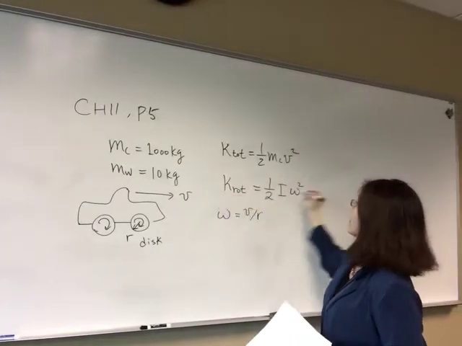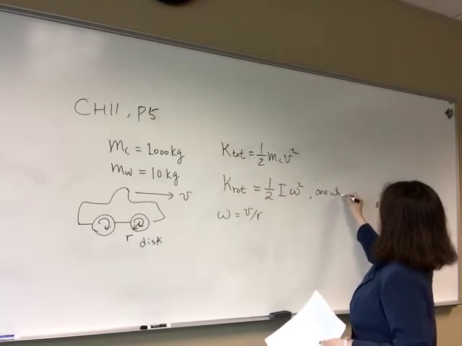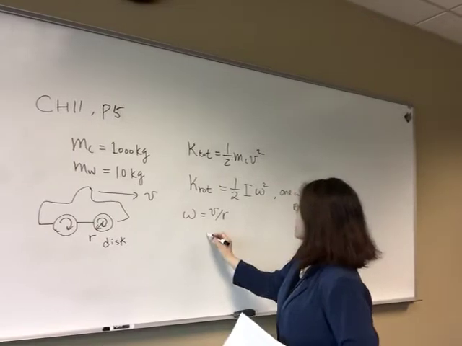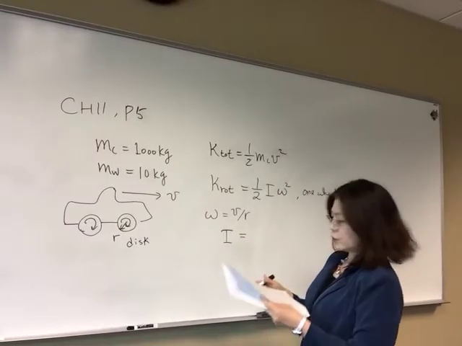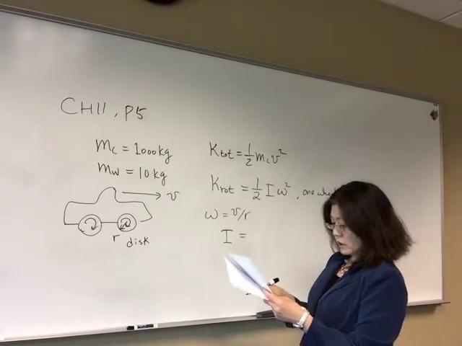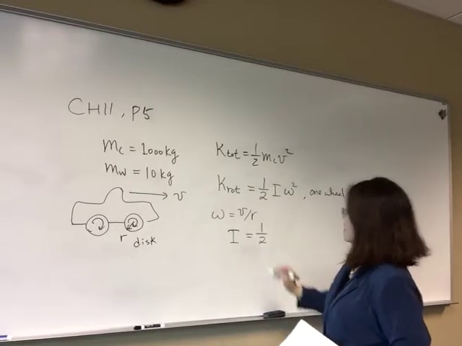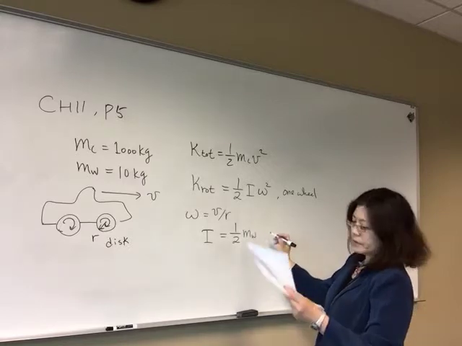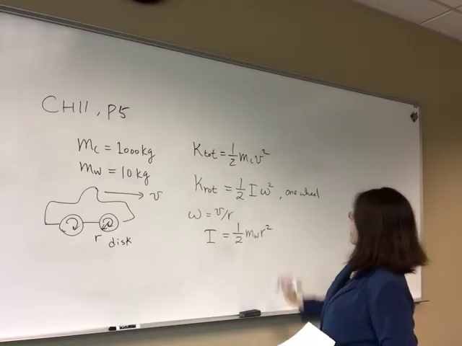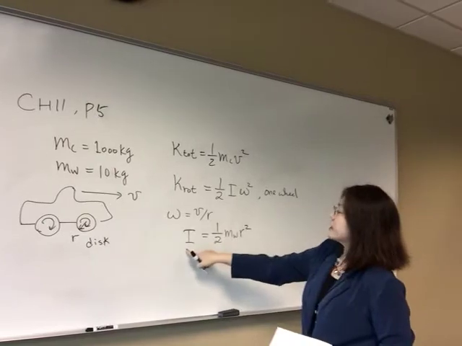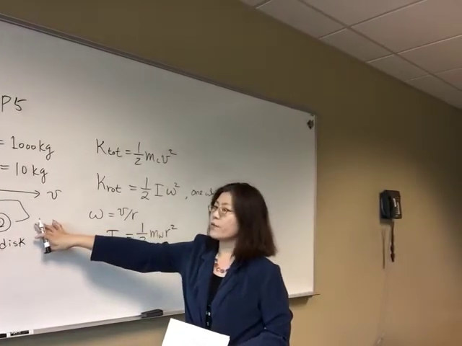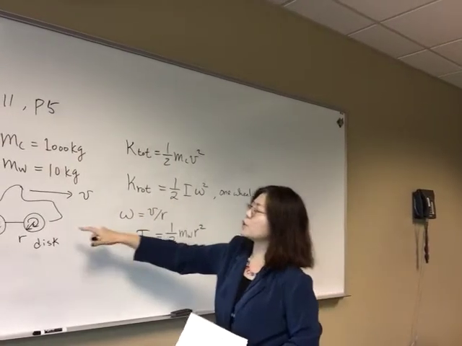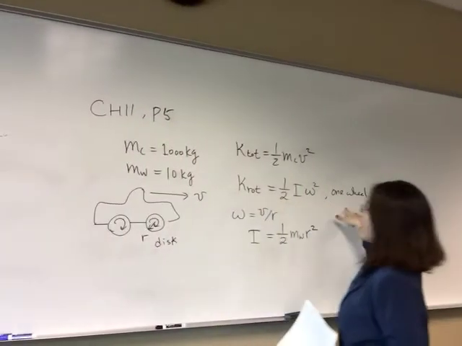This is just for one wheel, okay? And it mentioned that we treat this wheel as a disk. What does that mean? It means that your I is equal to, for a solid disk, 1/2 the mass of the wheel times the radius squared. Okay, so this is the rotational inertia of each wheel, and altogether there are four, each one is moving. So this term should be multiplied by 4.